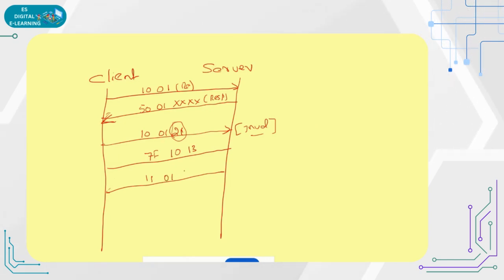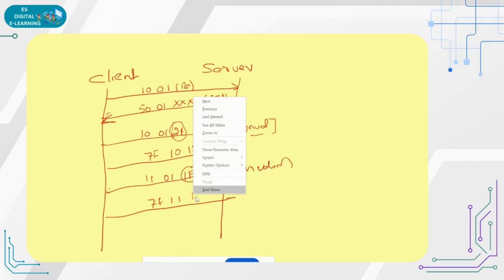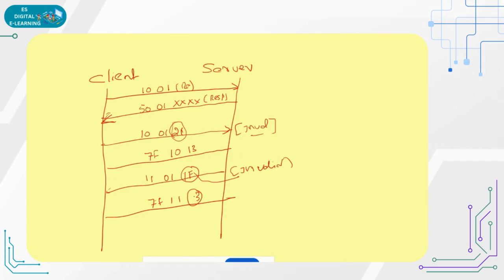Similarly, if we go to the other service, 11.01, and instead you give additional information like 1F, this is also invalid. You are giving additional data, so you will get 7F, 11, and 13. So what is 13?